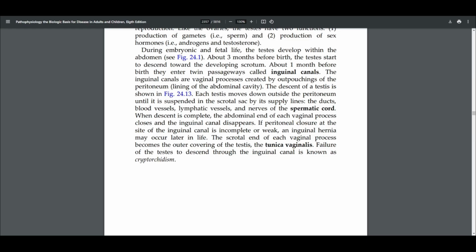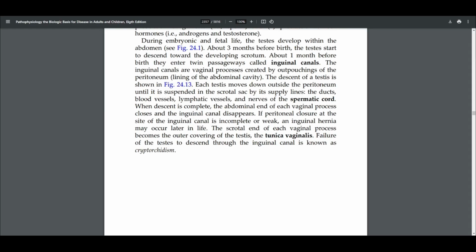If peritoneal closure at the site of the inguinal canal is incomplete or weak, an inguinal hernia may occur later in life. The scrotal end of each vaginal process becomes the outer covering of the testes, the tunica vaginalis. Failure of the testes to descend through the inguinal canal is known as cryptorchidism.